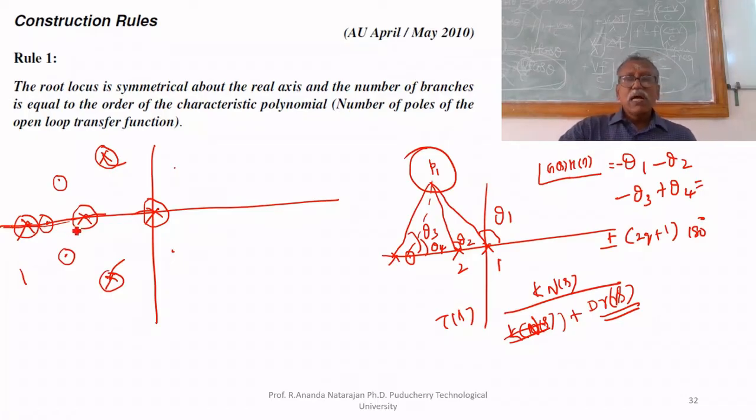The number of root locus branches is equal to the number of open loop poles. So here, how many open loop poles? 5 open loop poles. Therefore, 5 root locus branches are there.